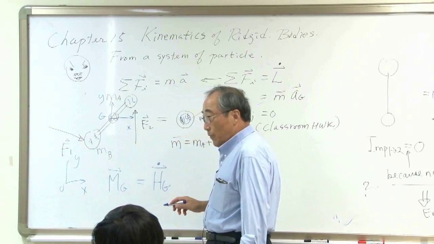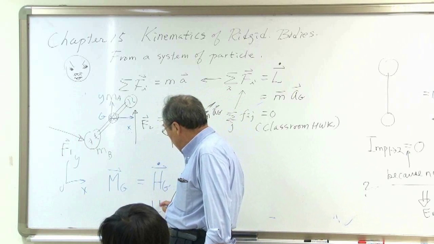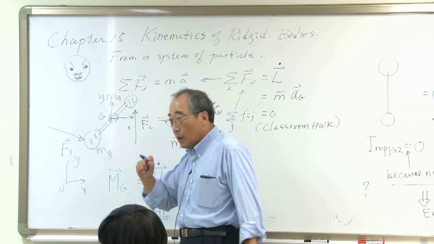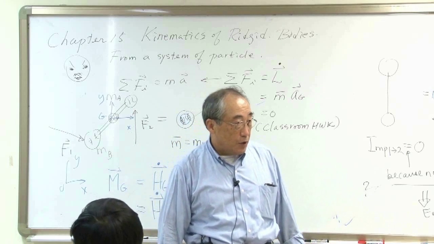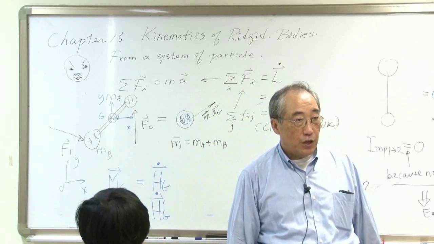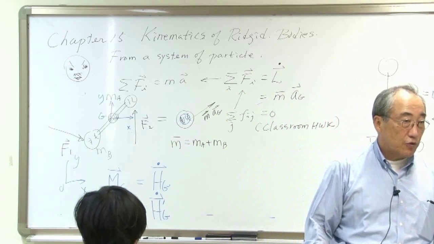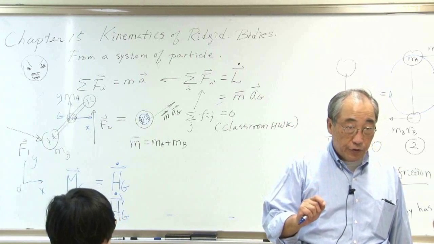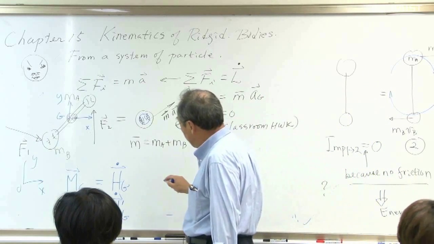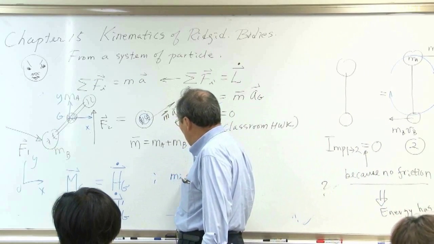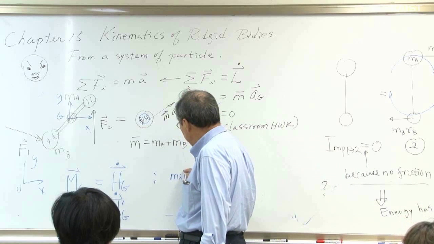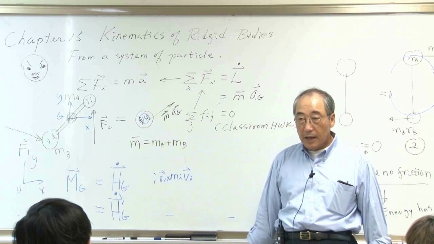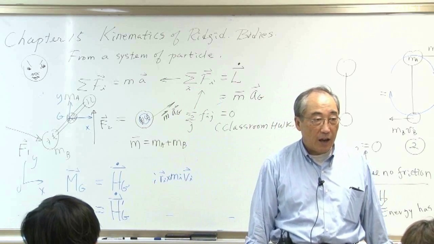And also we were very happy to find that this is the same as hg prime, the change of angular momentum with respect to time, but measured in the centroidal frame of reference. The only difference is here all the momentum has to be expressed like that, Ri and Vi.